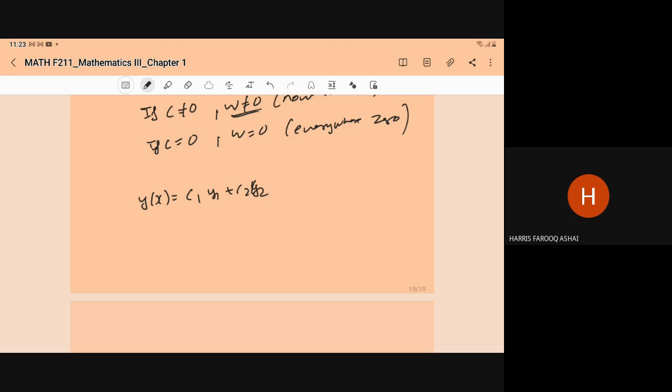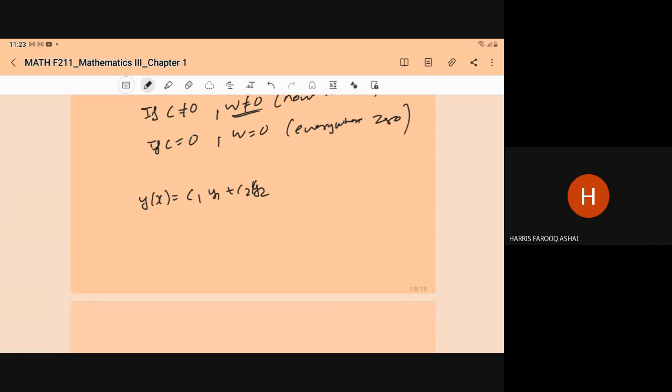So for that we have to compute the values of c1 and c2. We have two simultaneous equations, and c1 and c2 can exist only when the Wronskian, the determinant of y1 y2 y1 dash y2 dash, is non-zero. So we see that the Wronskian is either everywhere 0 or nowhere 0.